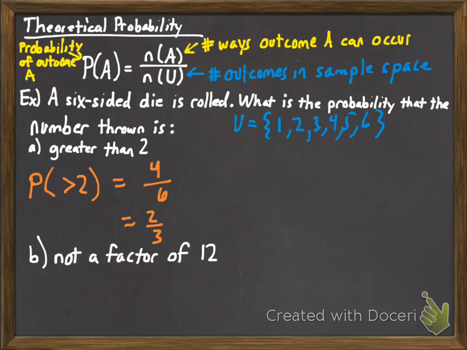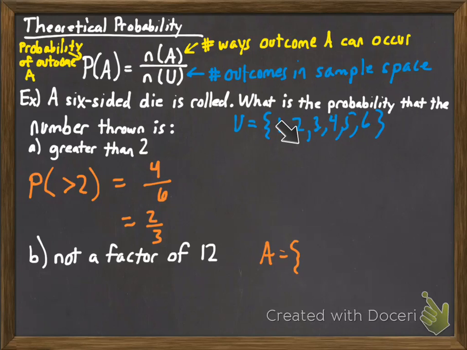What if I wanted to know what the probability of getting a number that's not a factor of 12 would be? Well, now what we need to do is think about how many different numbers are in our outcome. From the numbers 1 through 6, which are not factors of 12?